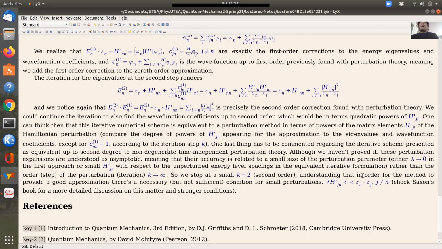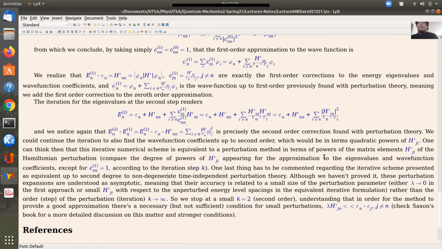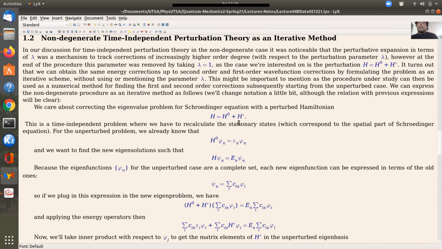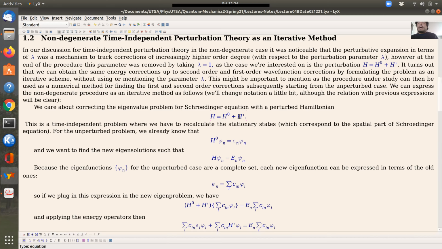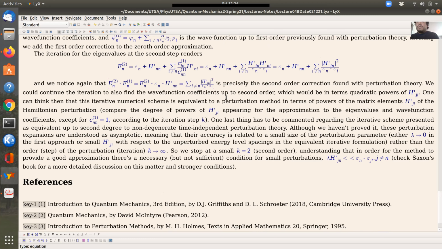So I want you now, okay, we present the iterative scheme as not being related to lambda at all. But imagine that, well, we started with this perturbation, right? So imagine that I introduce the lambda over here. So actually my whole perturbation will be lambda h prime. And the same way that in this iterative scheme the perturbation is according to the powers of the matrix element, in that case, it would be the powers of the matrix element lambda h prime j.